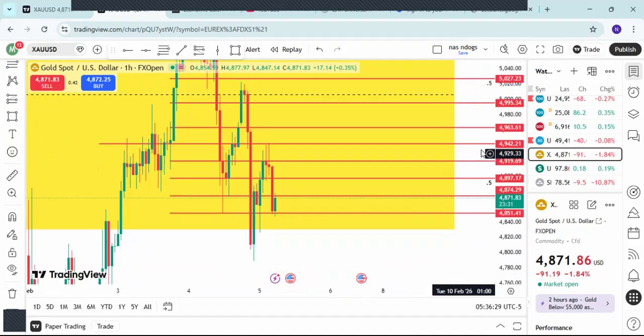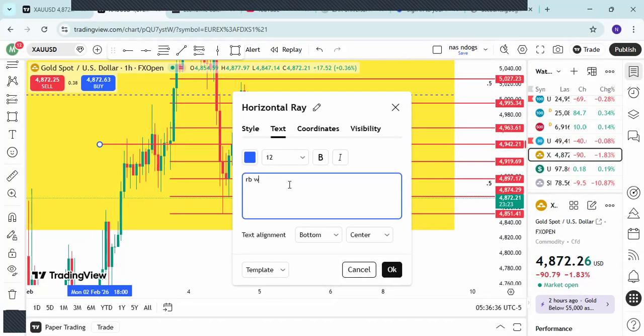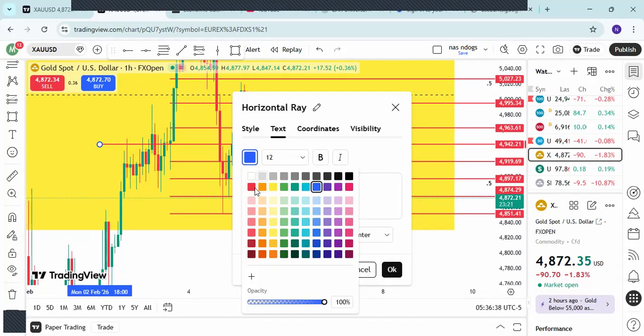Half 7.5 rejection block. Let's say RB here, RB wick.